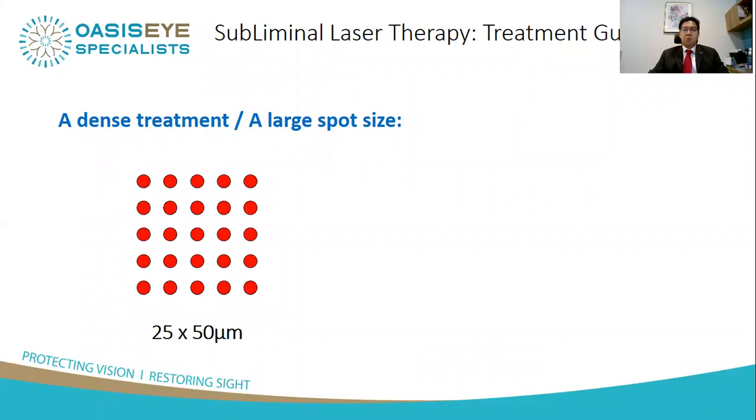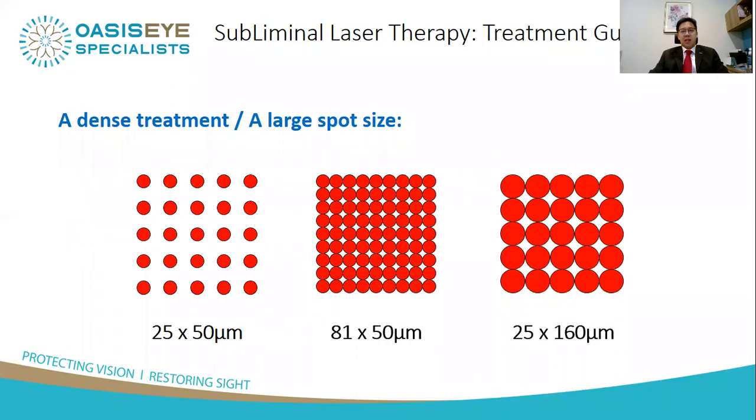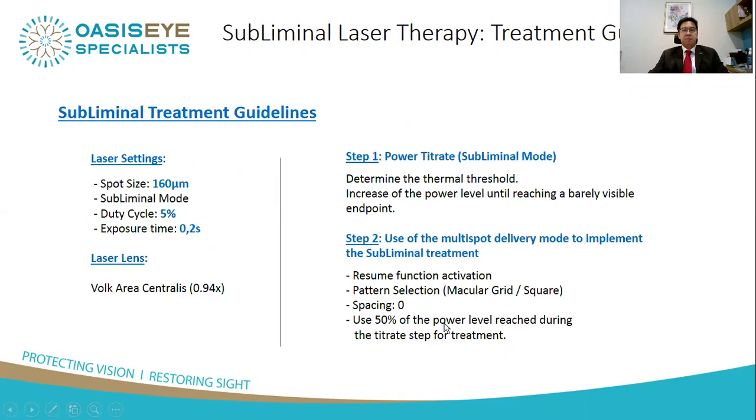Previous modalities or guidelines used small spot size with less laser burns, so there were a lot of gaps in between. This was done by small spot size and more laser burns with less gaps, and we have then moved on to a larger spot size with less laser spots, but maintaining the same density of the treated area.